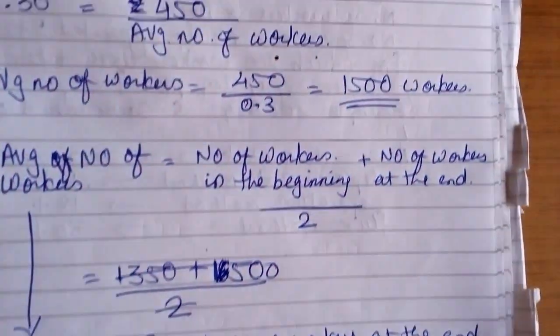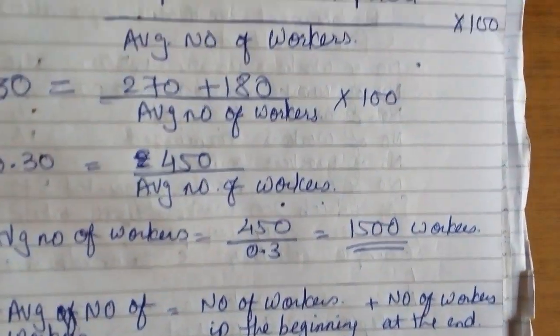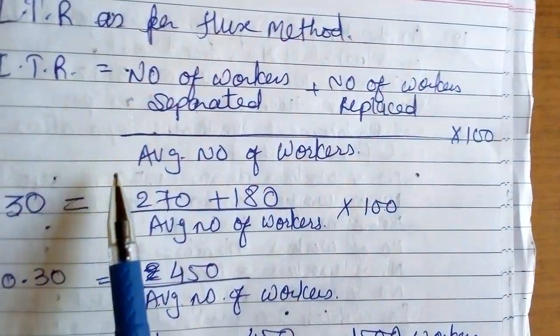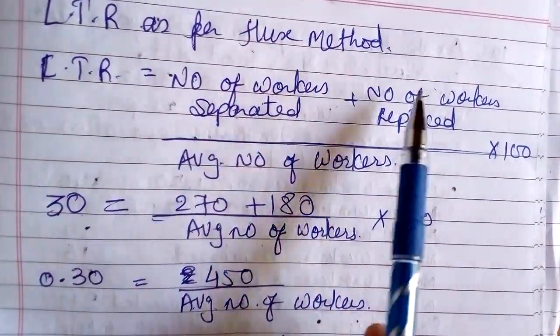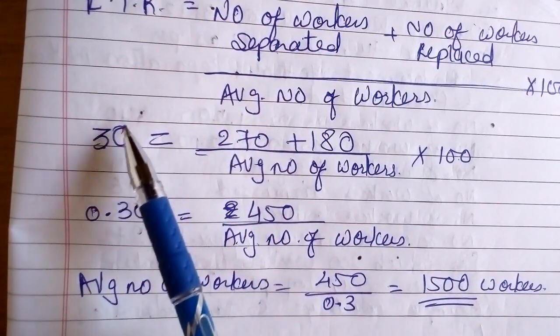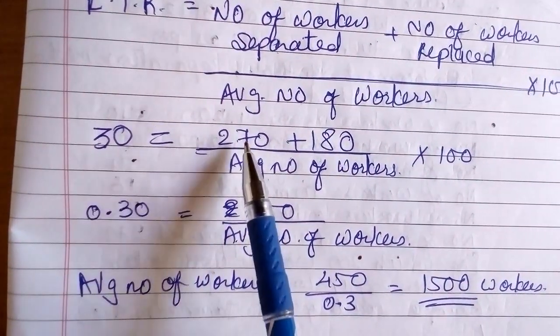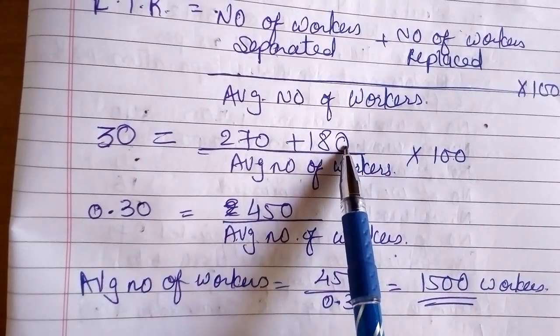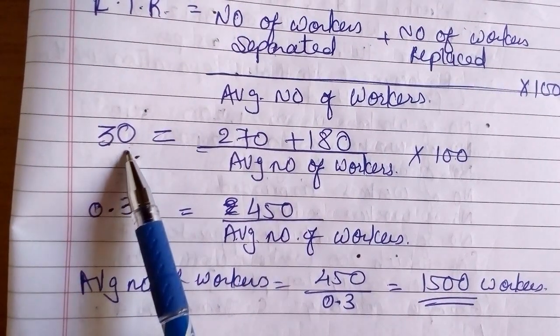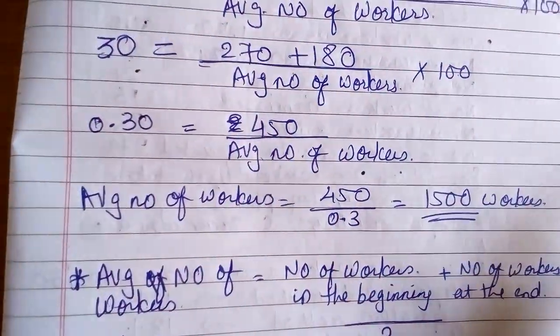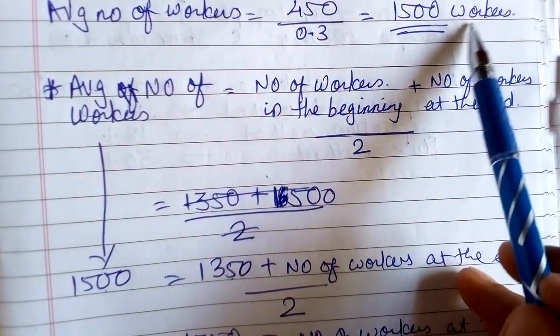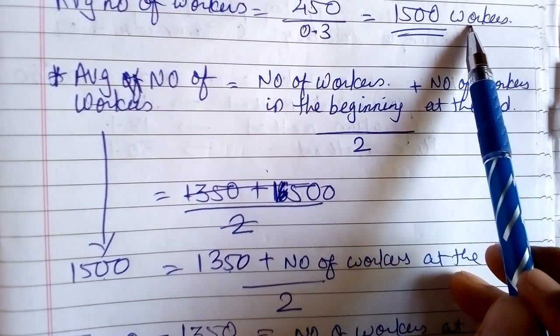So let us revise that once again by putting the formula of labor turnover rate as per flux method. We have the answer of number of workers separated and replaced from the working note. We have the labor turnover rate as per flux method 30%, which is given in the example. By solving this formula, we have got the average number of workers 1500.